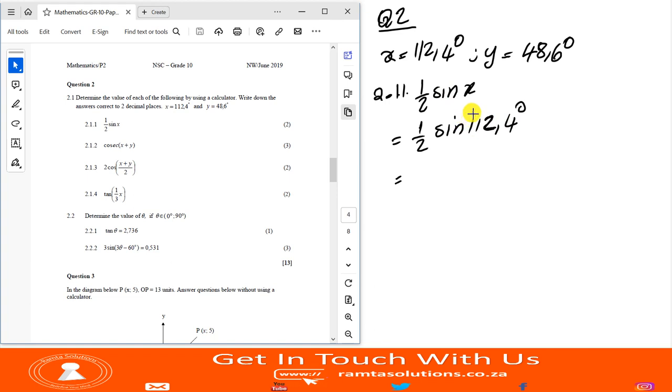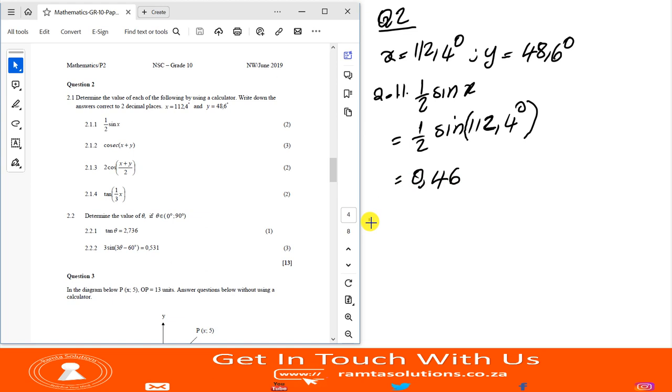Normally your calculator opens brackets. And please note, your calculator does not have the degree sign, so please don't try to look for this sign. Just press 112.4. So what is your answer? Your answer is 0.46. Remember, they said correct to 2 decimal places.